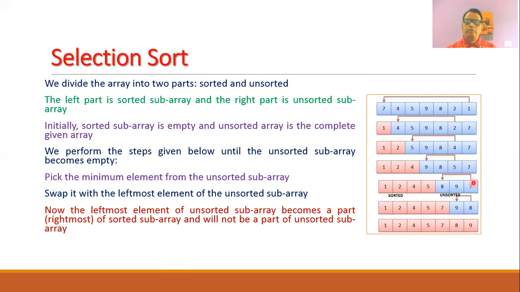Then again, we will do the same thing. We will pick up the minimum and swap it. And therefore, you will find that now we will have 1, 2, 4, 5 as the list of the sorted array, and in the unsorted array we will have 8, 9, and 7.